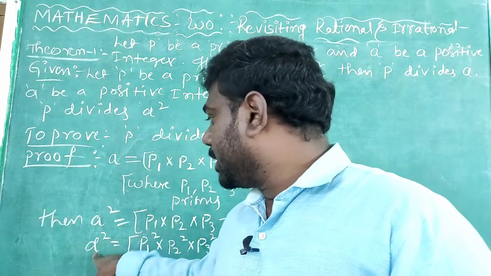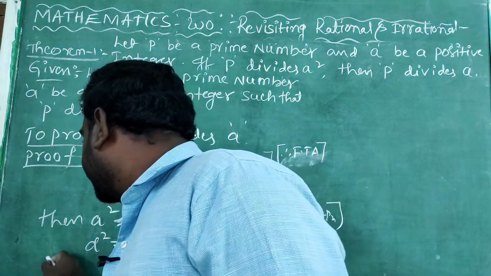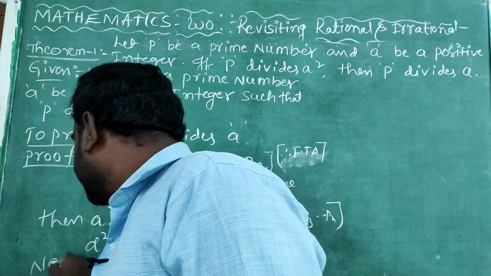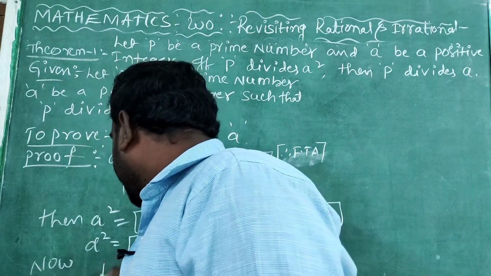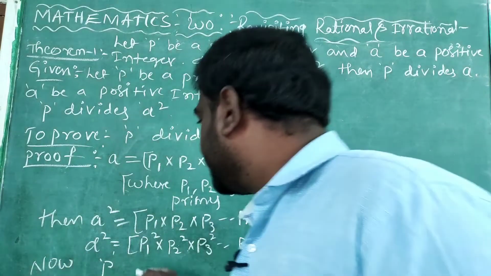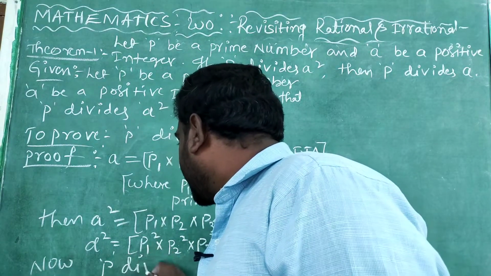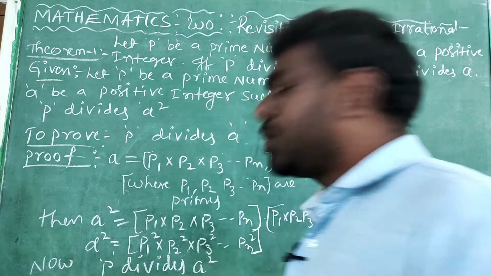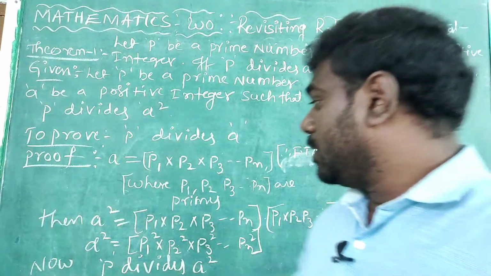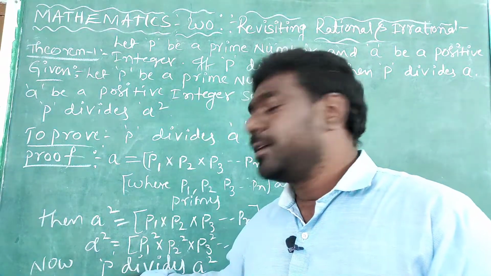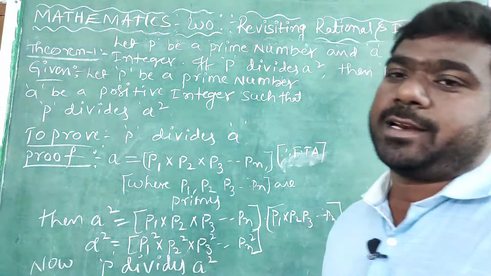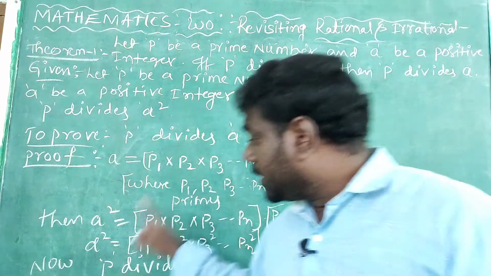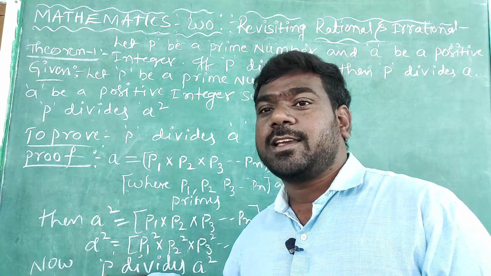Now what should we do? A square came. I am taking P as a prime number that divides A square. So one prime number I am taking, it divides A square. Can you tell me when it divides? Conditions.